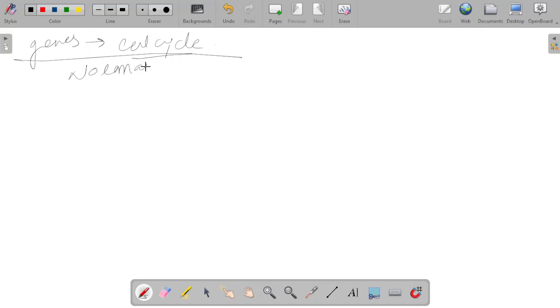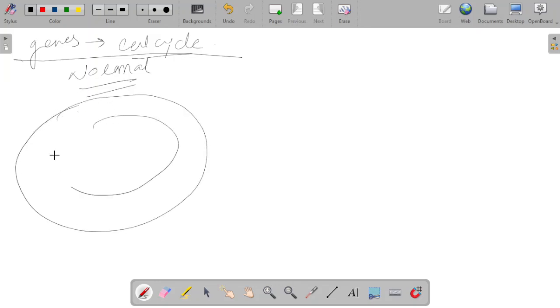First we have to understand the normal, then we can understand the malignant automatically. The normal behavior is this: whenever a cell's DNA is damaged, taking our original diagram, these are the DNA. So these are the groups of genes, the proto-oncogenes, growth genes and the tumor suppressor genes.